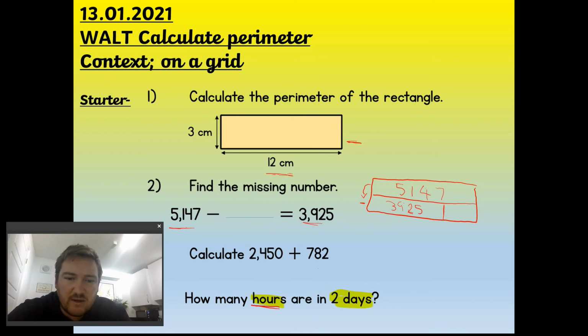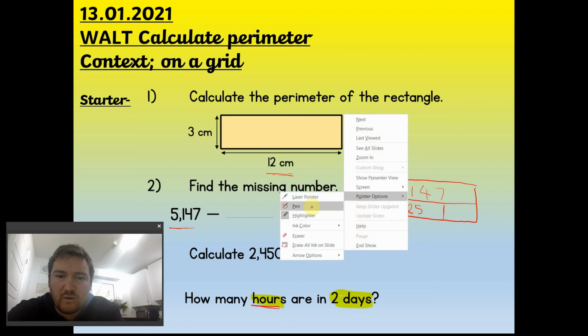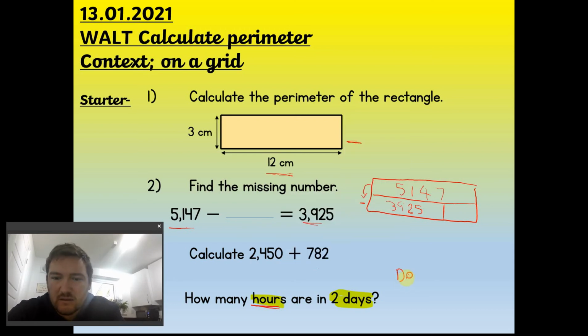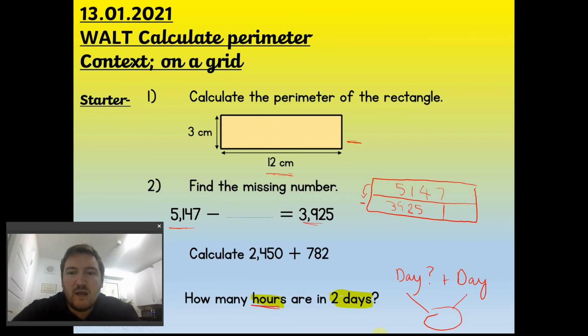So to work this out, I need to work out, first of all, how many hours are in 1 day. So if I know what a day is, I can then add it on to another day. And that should give me my answer. Okay. Right then, let's crack on.